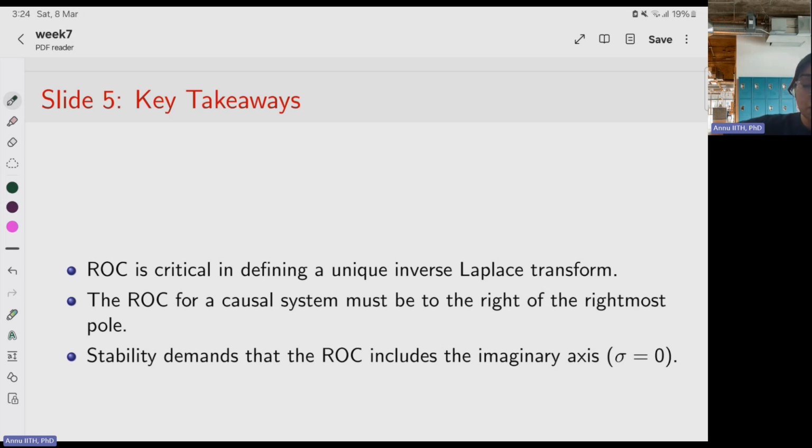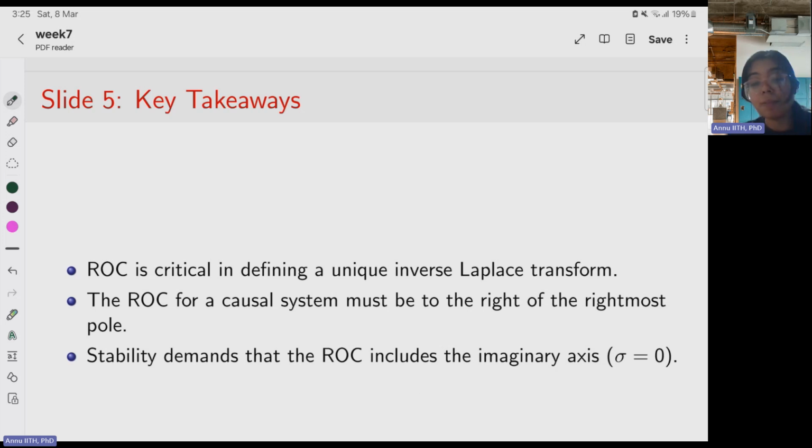Sorry, region of interest is not the one, by mistake I said that. As the name suggests, the region of convergence, which is ROC, is very critical in determining or defining a unique inverse Laplace transform. Also, the ROC for a causal system must be to the right of the rightmost pole.